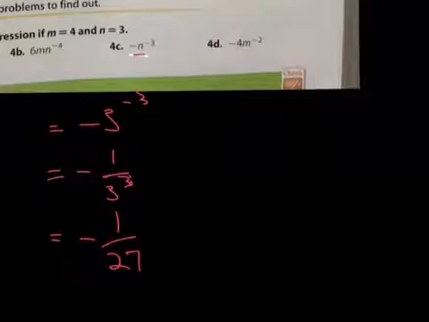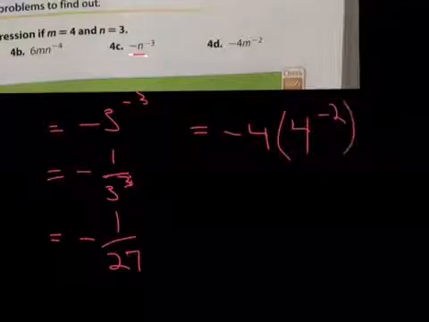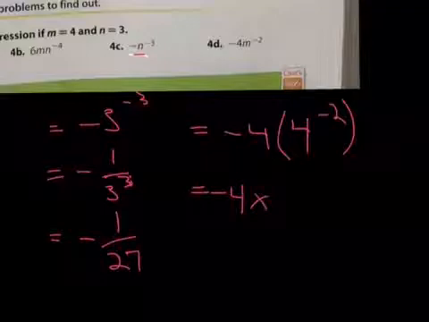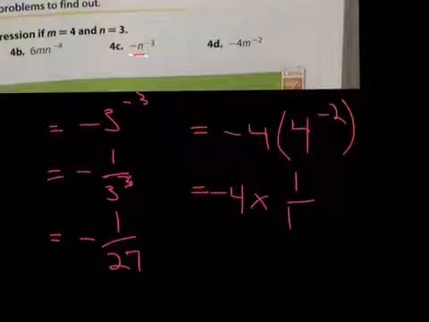And lastly, let's replace the variable for 4D. We have negative 4 times m to the power of negative 2, with m equal to 4. So again, I have negative 4 times 1 over 4 to the power of 2, which is, I'm just going to go right to it and make it 16, because we know 4 times 4 is 16, right?